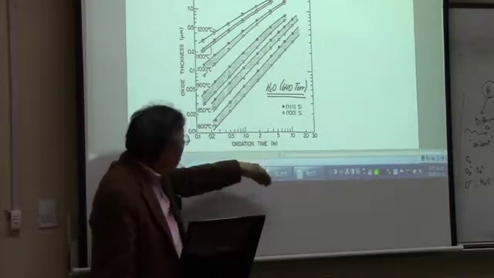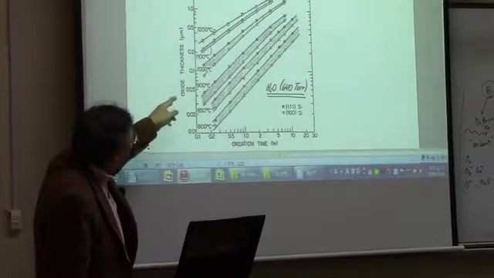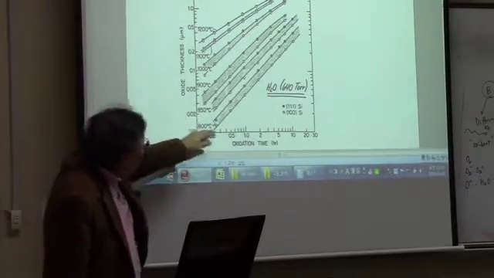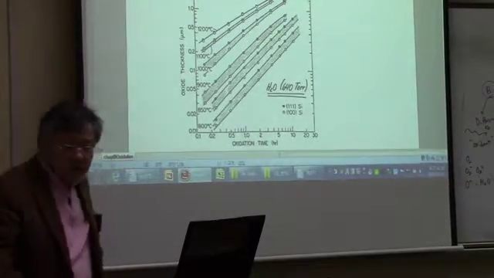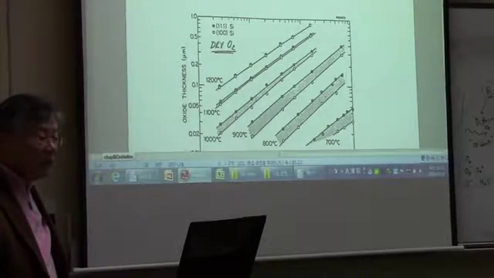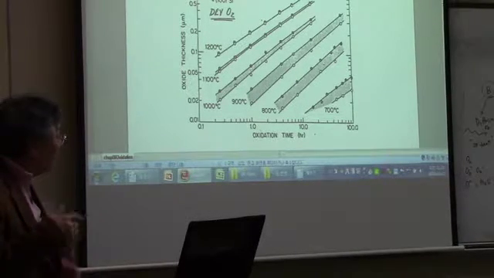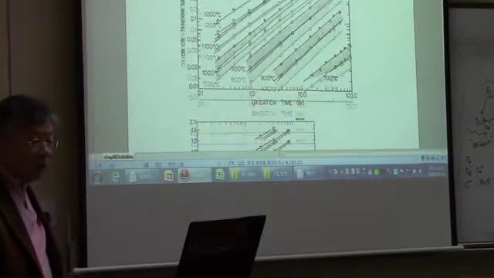One thing you should notice is that in the wet oxidation plot, the Y scale is very much different from the dry oxidation case. The wet oxidation is much faster than the dry oxidation.